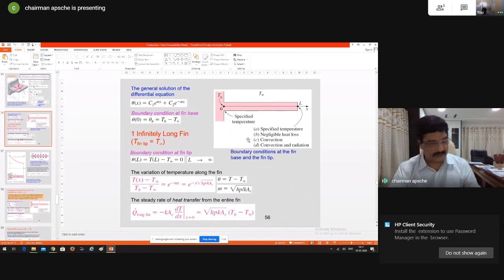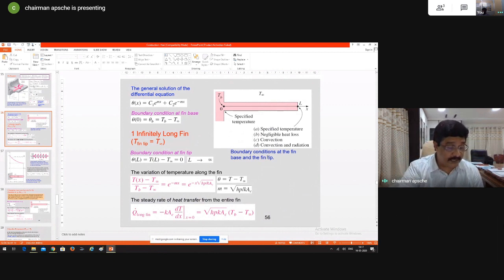So this continues. Okay. And in the third condition, fin tip, why is the convection not happening when there is a temperature difference? What is the third condition? Third condition is, I said, known temperature at the tip. No, convection is happening at the tip, but I measured this temperature.